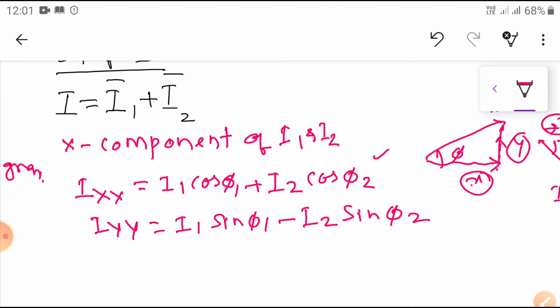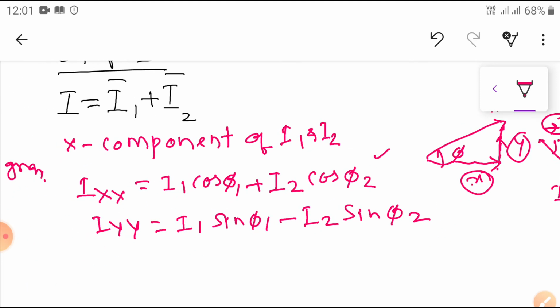These are the two components. Whatever vectors are given, whether 2, 3 or 4 branches, resolve into x components and y components. Add all x components, add all y components. The resultant is equal to the root of x square plus y square.